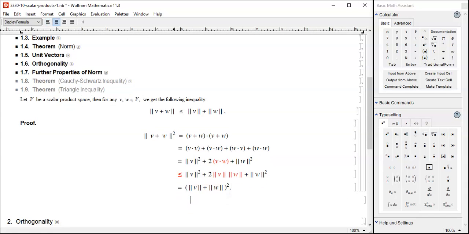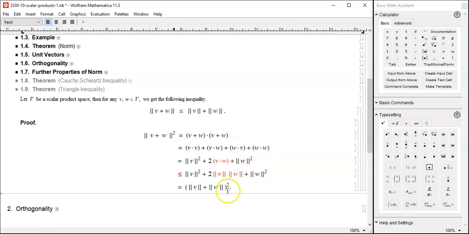This formula, a plus b squared is equal to a squared plus 2ab plus b squared in elementary algebra. All these are real numbers now here, so it works out just fine. Over here we have some vectors, but here real numbers, so no problem there. The key is this red is greater than or equal to that red.